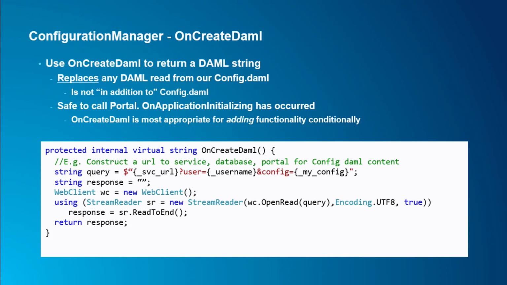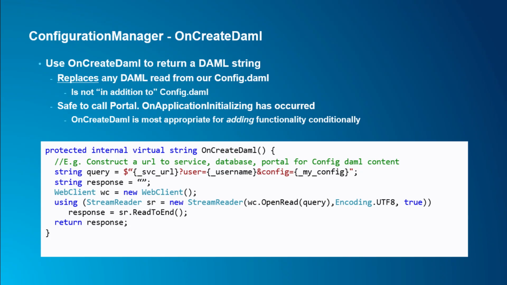And here in OnCreateDaml, we can actually return an alternate DAML string to replace what has been read from the config.daml that's stored with our configuration. So let's just say, for sake of argument, we've made 5 DAML files. And in each of those 5, we put some different set of tabs and feature functionality, like some for parcels, I don't know, some for assessment, whatever your workflow is, okay?